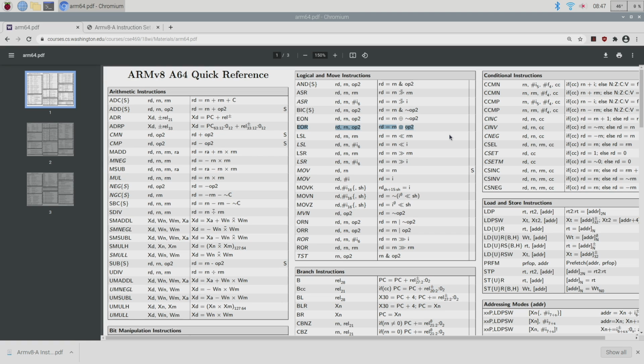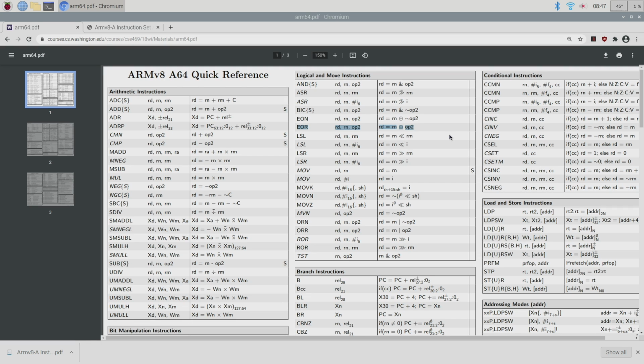For example, you can NOT something by XORing it, or exclusive ORing it, against a pattern of all ones. Because anytime you have a 0, what's 0 XOR 1? 1, that flipped it. And if you have two ones, what's 1 XOR 1? That flipped it, right? So you can do it that way.